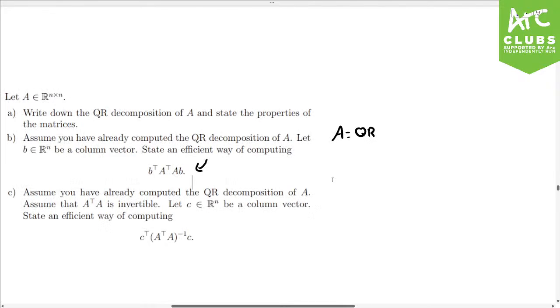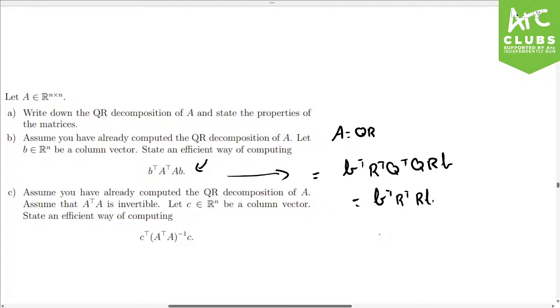So what we can do here is write A as QR. So we have B transpose, R transpose, Q transpose, QRB. Since Q is orthogonal, we have B transpose R transpose RB, which is just the 2 norm of RB squared.